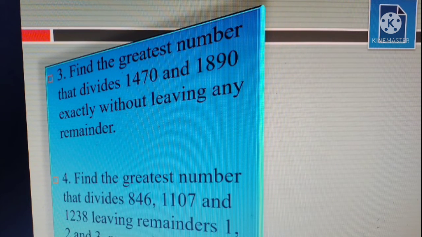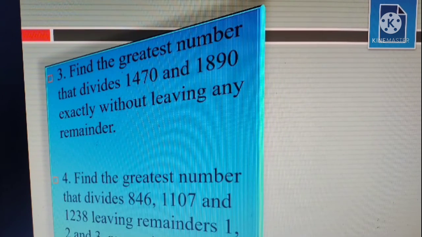Now you have to find the greatest number. Whenever the question comes comprising of the word greatest, highest, biggest, largest, then it is clear that you have to find HCF in that question. Here also it is asking greatest, so obviously you have to find HCF.